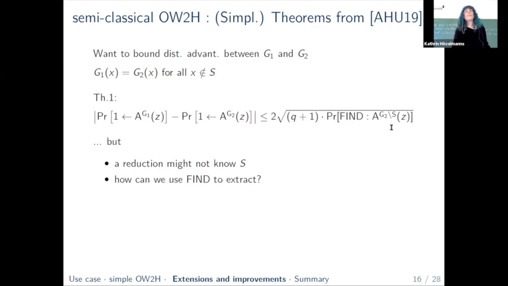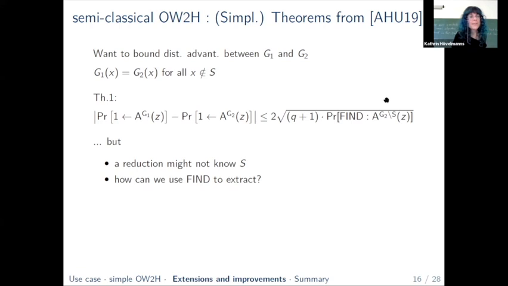But if we want to give a reduction, it might be that the reduction itself does not know the puncturing set, so it would not know how to simulate this punctured oracle. And also, we still have to find a way to use the Find event to extract a desired pre-image in S.